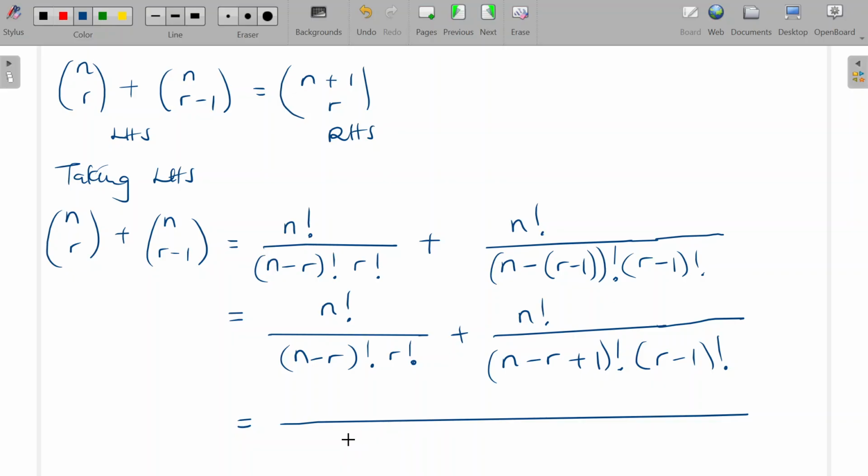It's the one that has plus 1. Yes, so it's going to be n minus r plus 1 factorial. Then between these two, which one is big? R is big. Yes, so r factorial. So this will be your common denominator.